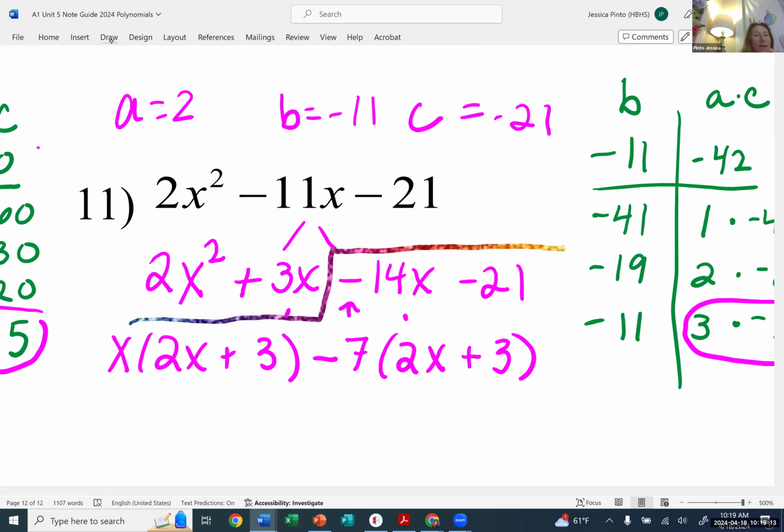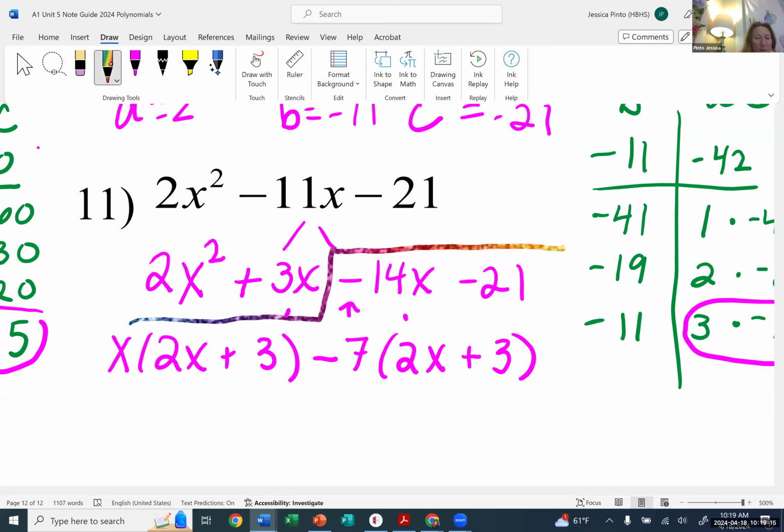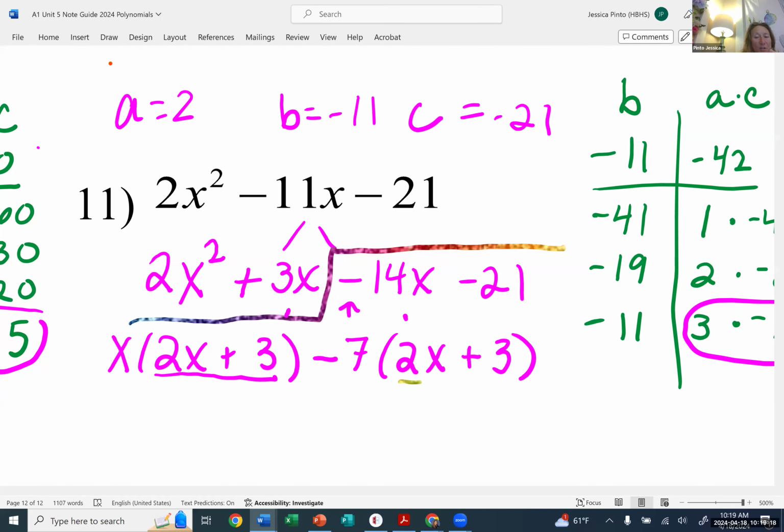This makes us happy. Do these 2 match? Oh, my rainbow kind of delays. Do these 2 binomials match? Yes. Then that means that we can write our answer.